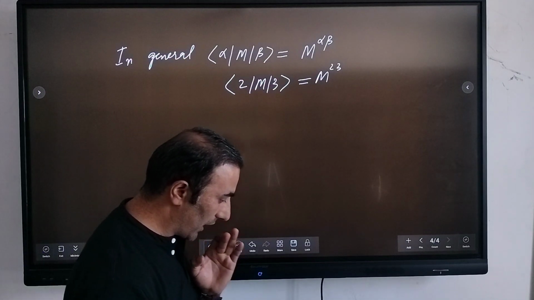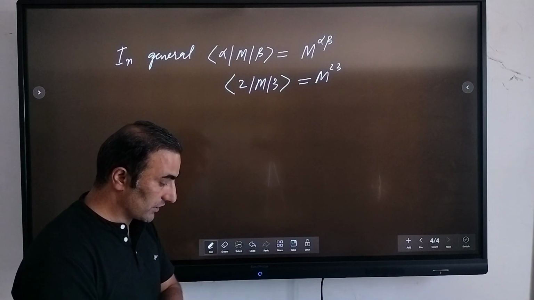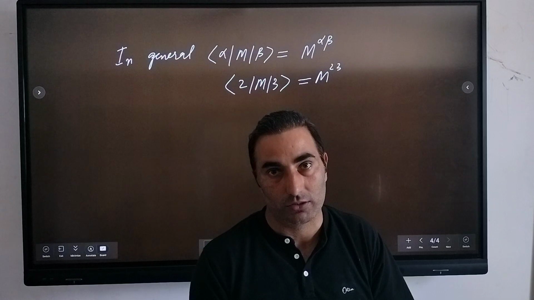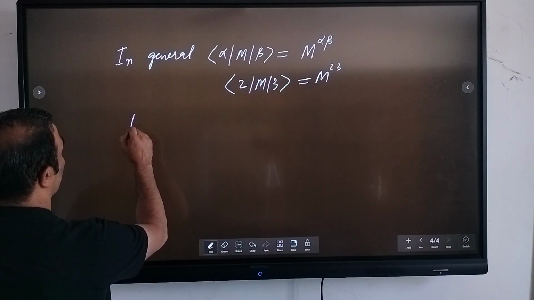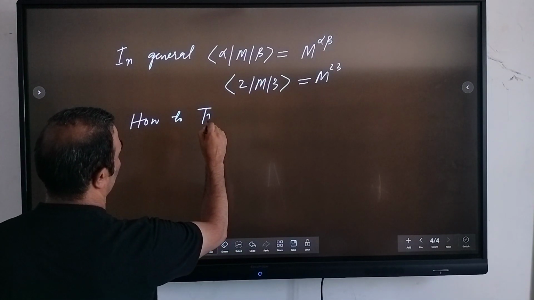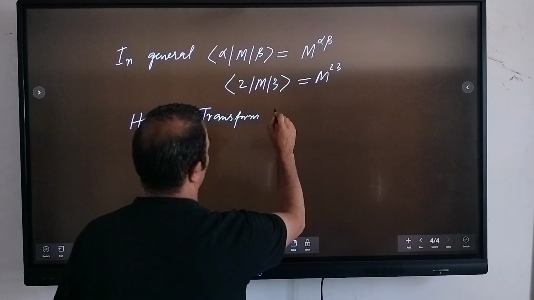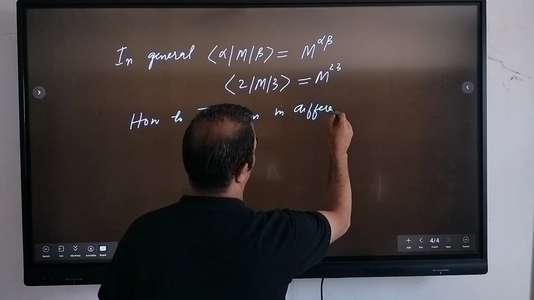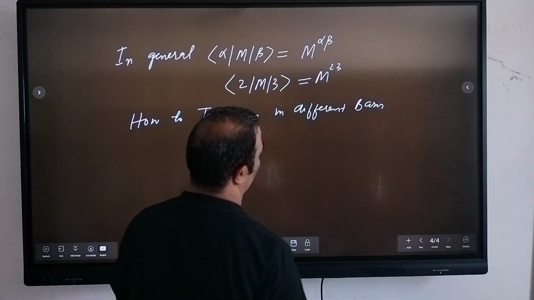Now, in addition to that, we will also learn how to transform in different bases using the Dirac notation also, right? So we can also write here. We will learn how to transform in different bases.